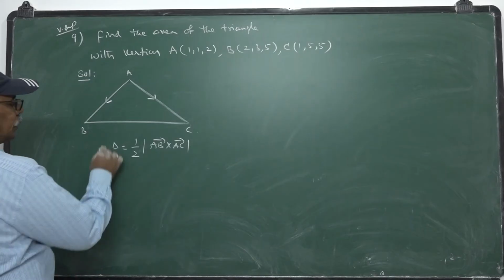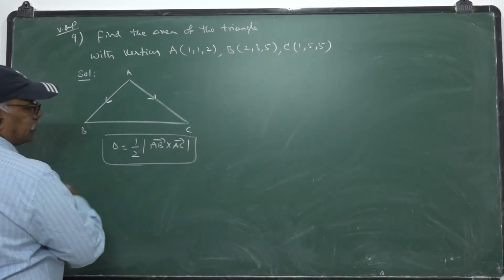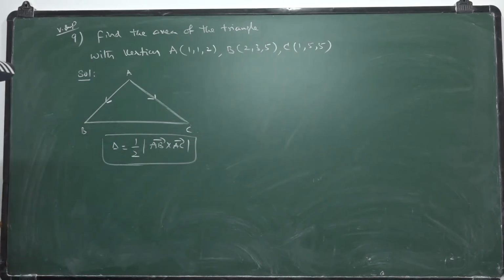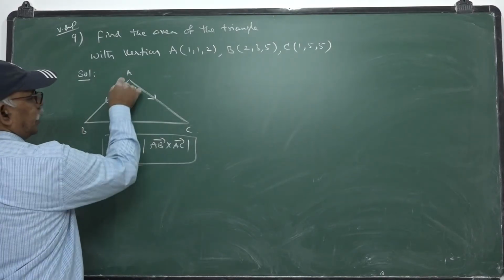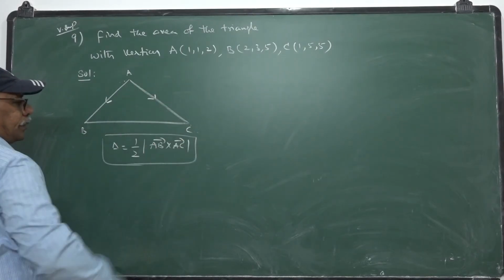This is the formula for us. So to get the area, at first find AB bar and AC bar here, or you can take BC bar, BA bar, or CA bar, CB bar, like that.